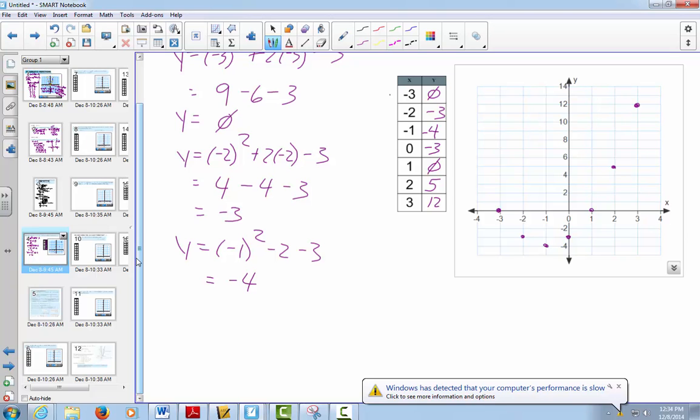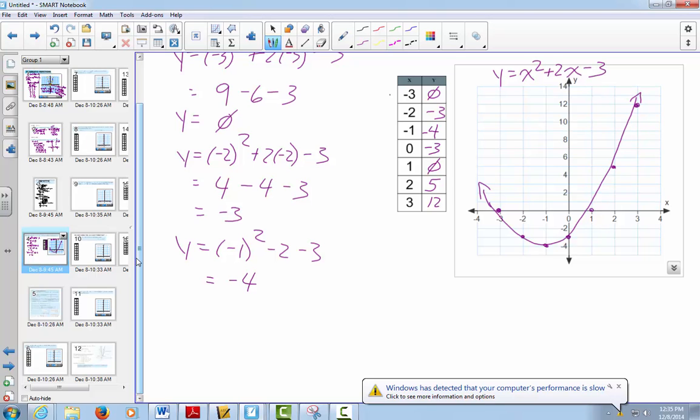So there's a sketch. I'm going to put arrows on the end because it continues. That's a sketch of the curve y equals x squared plus 2x minus 3.